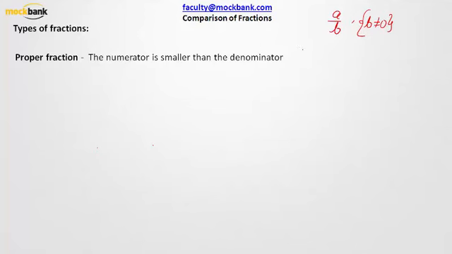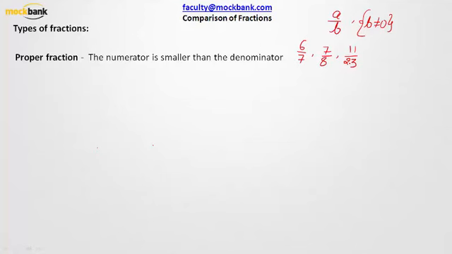Say I have 6 over 7, or 7 over 8, or 11 over 23. Would you appreciate that all of them are proper fractions? Why? Because in the first case 6 is less than 7, in the second case 7 is less than 8, and in the third case 11 is obviously less than 23.